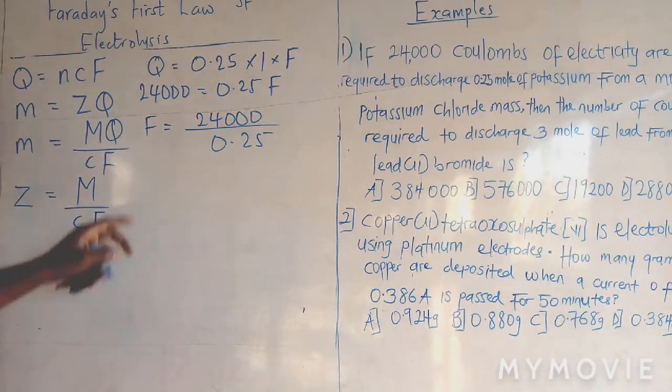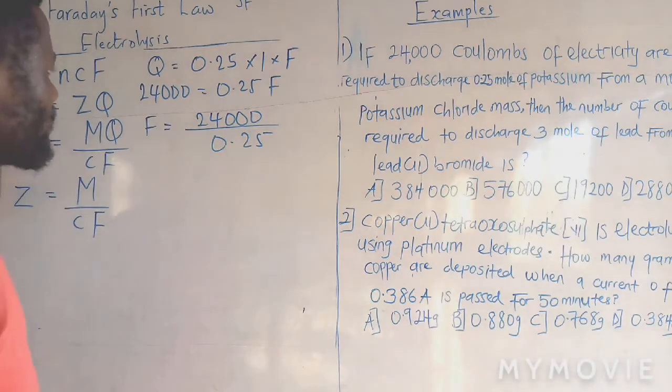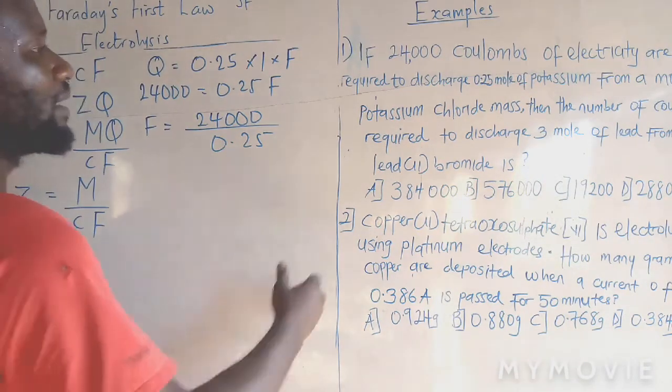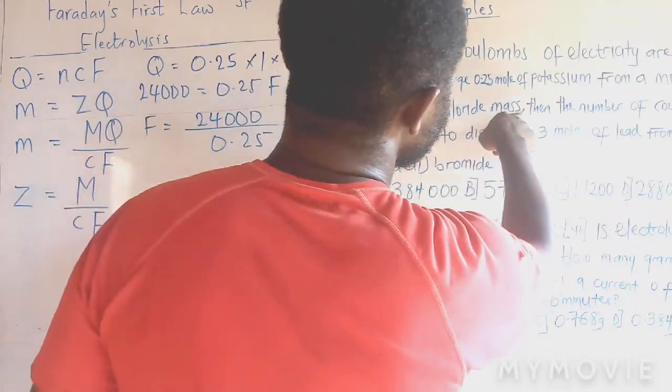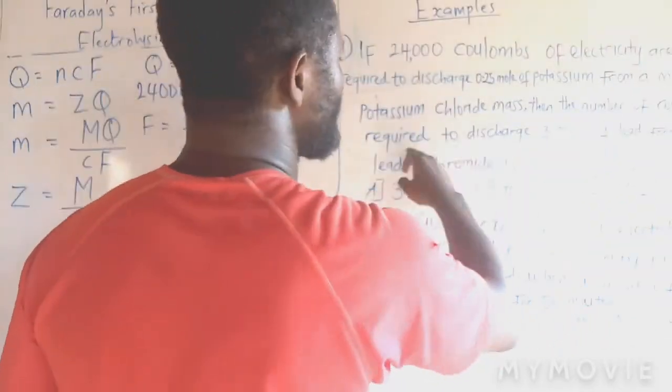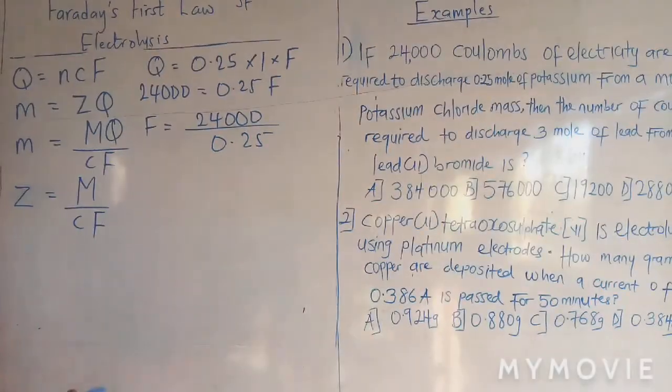So F is equal to 24,000 over 0.25. Now, in this, we have then the number of coulombs required. We are asked to calculate charge now.